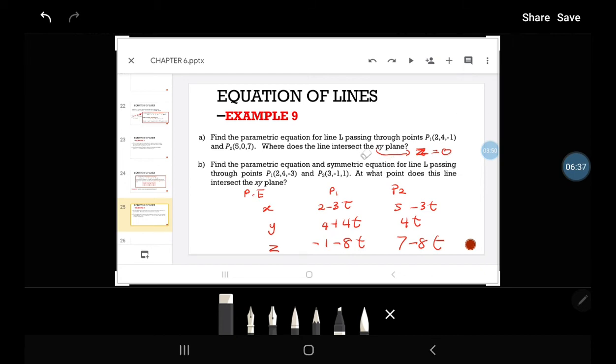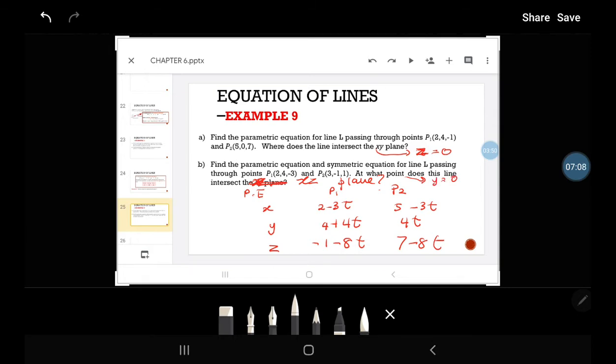Just a quick question. If we want to find the line that intersects the xz plane, which of the coordinates should we let be 0? For the xz plane we should let y equal 0.